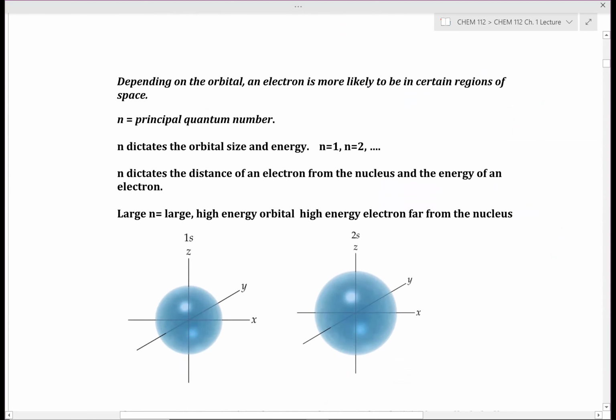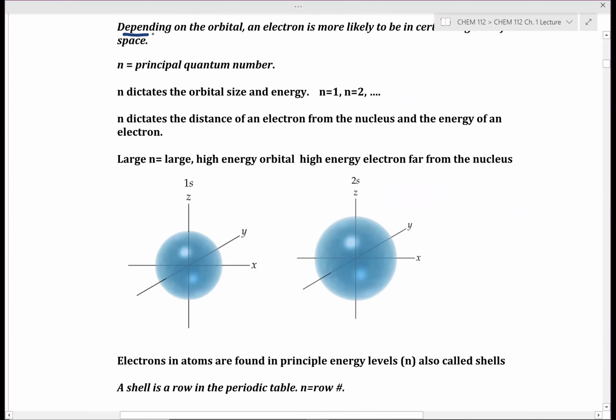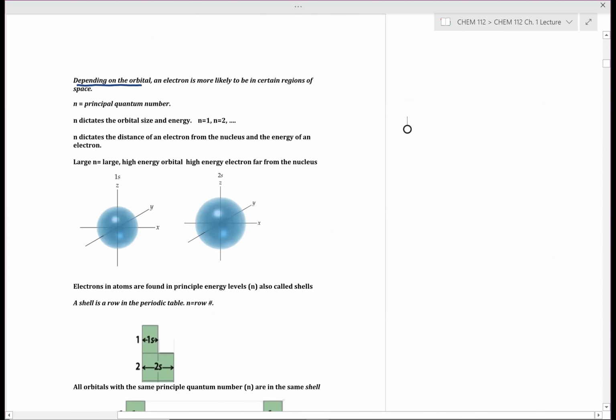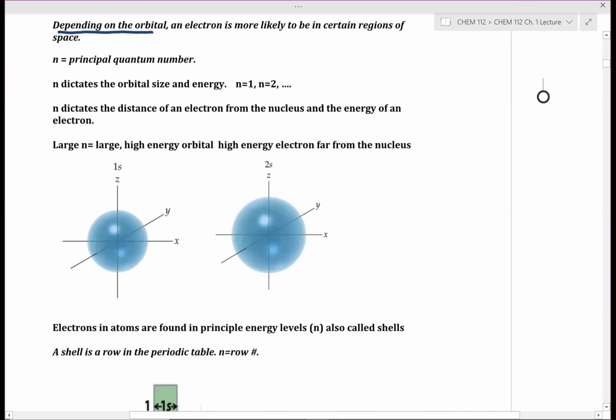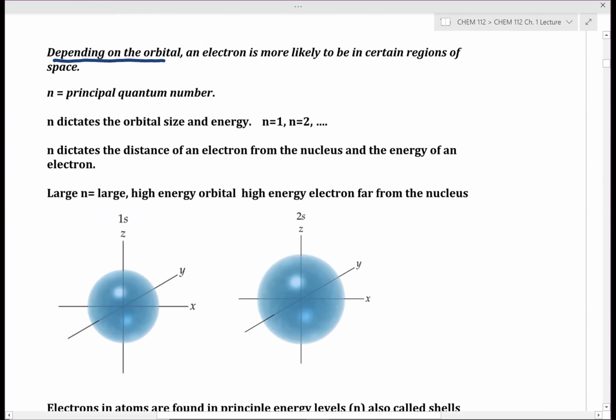Okay. So depending on the orbital, an electron is more likely to be in certain regions of space. So the first major quantum number we're dealing with is the principal quantum number.